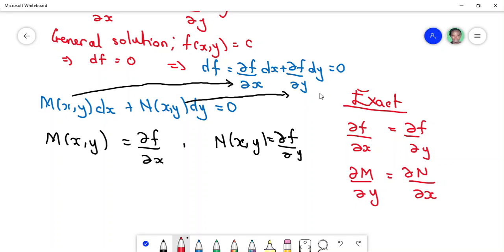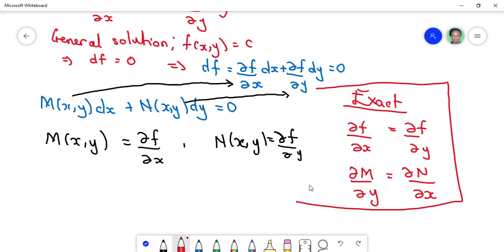X, and they are equal, then I can say my differential equation is what? Exact.